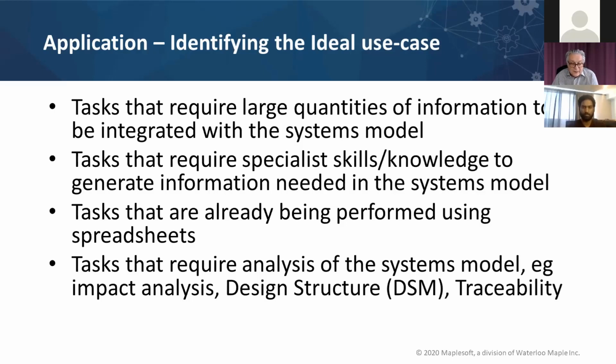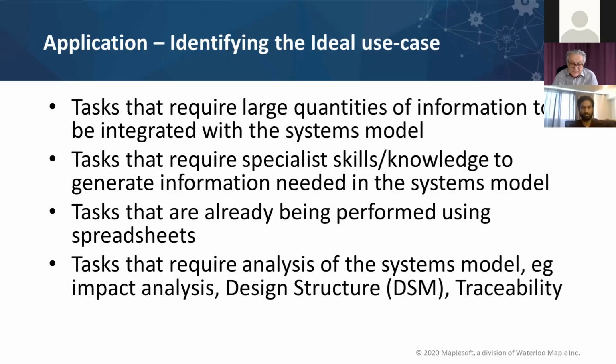And then this final one, Brian's going to talk about in this final example. There's actually a lot of analysis of the systems model that needs to be done, things like dependencies or interdependencies. What effect do certain changes make to the structure, or even changes to the parameters, which can have significant effects on the rest of the design.